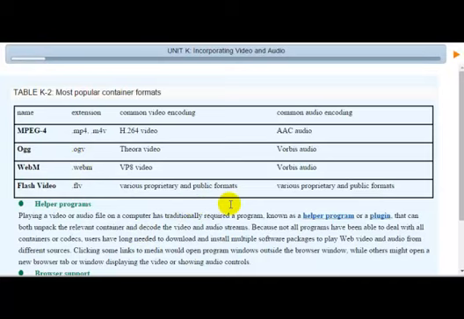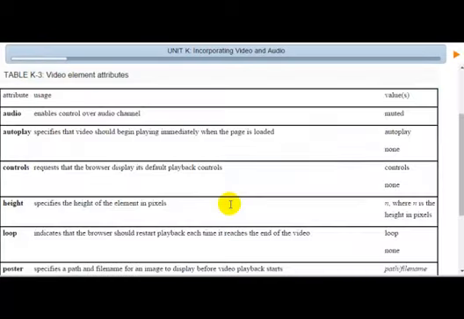Alright, so now that you know a little bit more about understanding web video and audio, let's go ahead and jump into our first set of steps for Unit K. We're going to be using the video element. So obviously, to add video to our web page, we need to use a video element, which is introduced in HTML5. And as with having the element, we also have attributes.